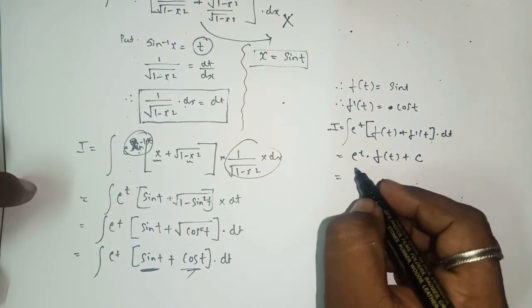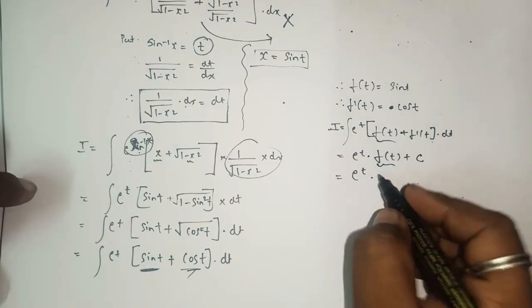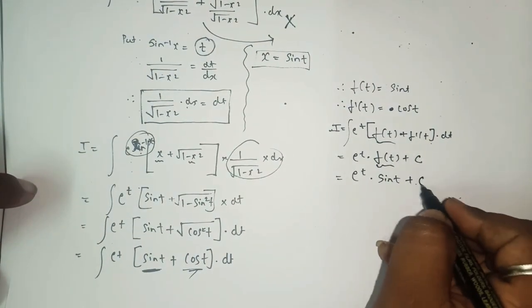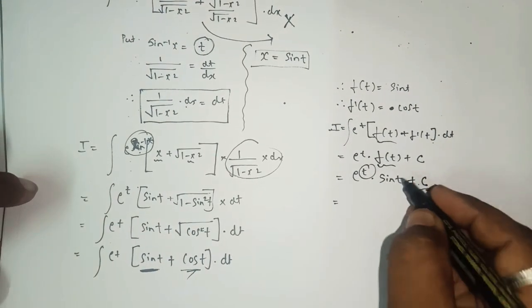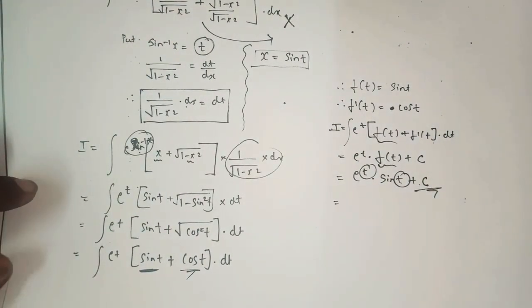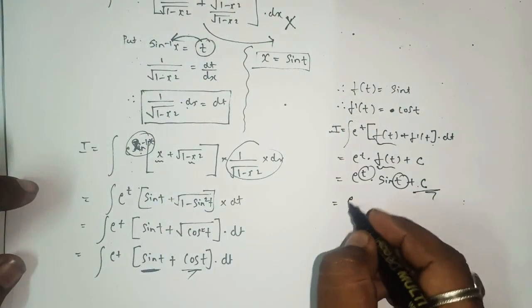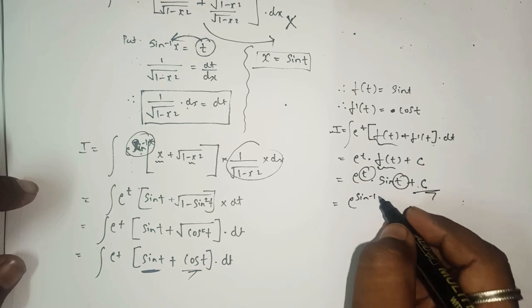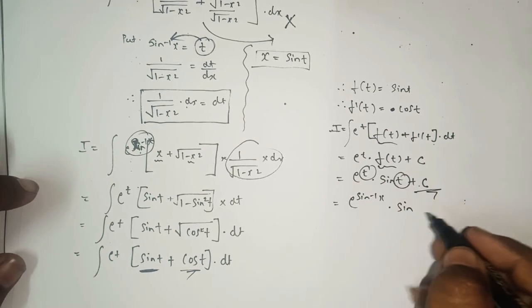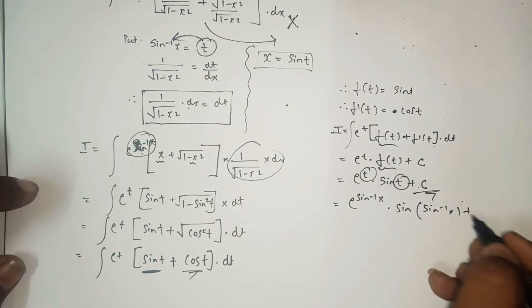So here clearly we can see that e raised to t will be the same as it is. f of t is replaced by sine t, plus c. Okay, this is not the final step. We have to replace the value of t. That means we have to resubstitute the value also. When you resubstitute, t will be sine inverse of x, so e raised to sine inverse x into sine of sine inverse x, plus c.